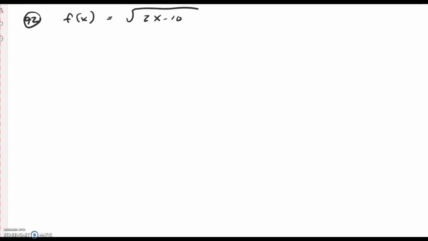So the domain of f is the numbers we can put in, and the numbers we put in go right here. So we're going to do 2 times a number minus 10, and if that's all there was, 2 times a number minus 10, we could have anything. But then we're taking the square root, and we can take the square root of 0, and we can take the square root of positive numbers, but we don't know how to take the square root of negative numbers.